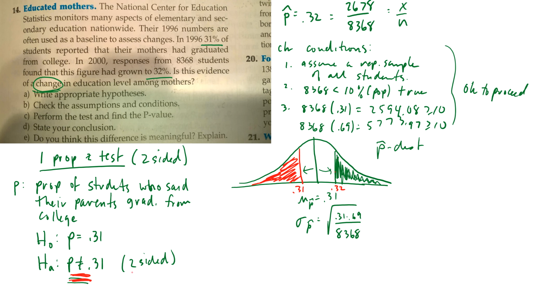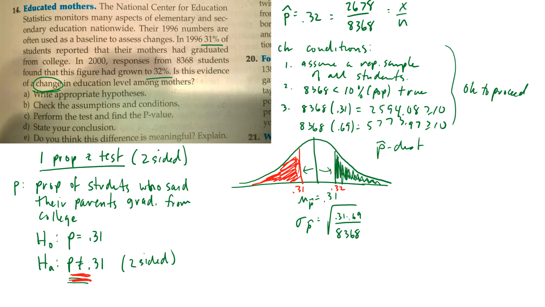That's what not equal to 0.31 means, because I could go that extreme value above the average or below the average. Now, why am I worried about below the average when I only have one sample? It's precisely because I only have one sample. I'm only taking one sample for my evidence, but it could have been above or below.